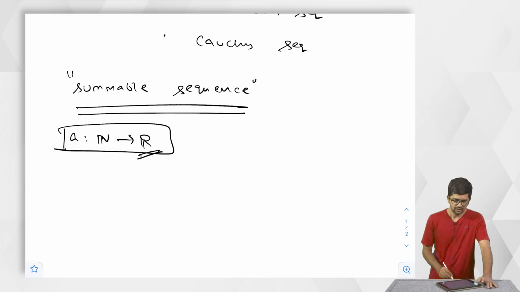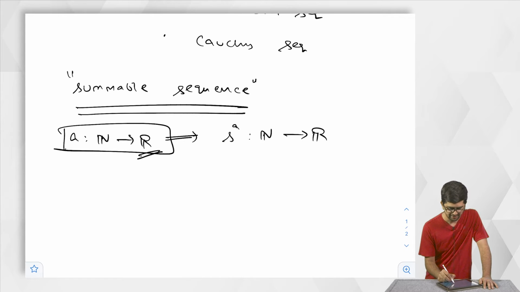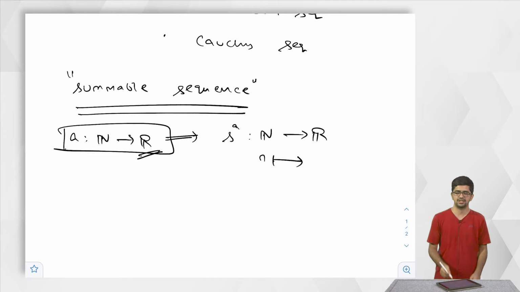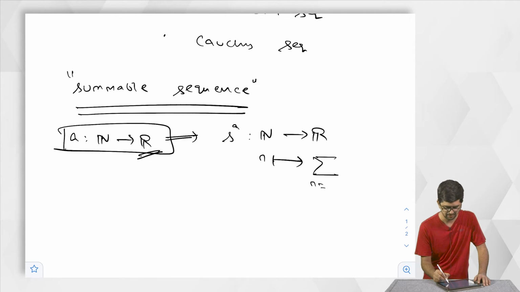So how do we define that? Given this sequence A, we assign a new sequence that I am denoting by SA, a sequence from N to R. For each n belonging to N, I am assigning an element in R. It is expected that what I am going to write here has something to do with the sum, the addition of some elements in R. So for each n, I am adding the first n elements of this sequence: the sum of a_i, i equal to 1 to n.